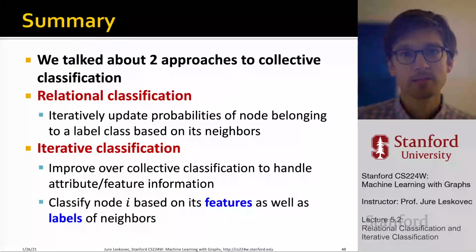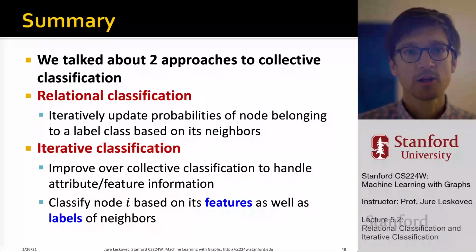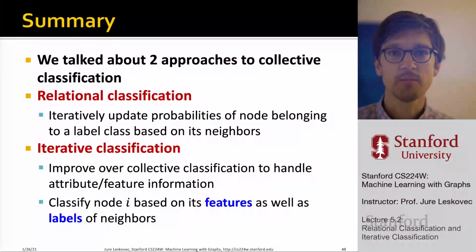So to summarize, so far we have talked about two approaches to collective classification. First, we talked about relational classification, where we are iteratively updating probabilities of nodes belonging to a label class based on the labels of its neighbors.